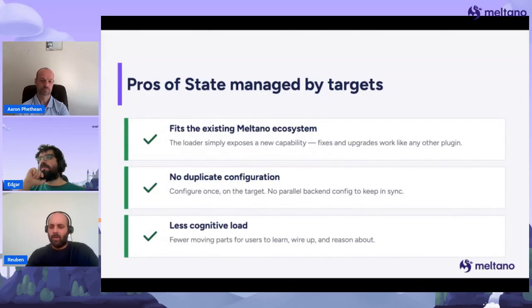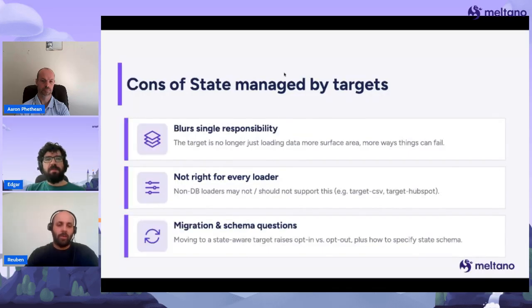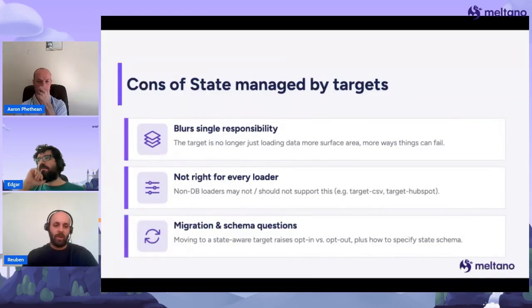Yeah, my concern is from the point of view of somebody who's already using or has their state somewhere that's not where the target is pointing. Like they've got their state in Postgres and they're primarily using target Snowflake, and there's going to be some kind of migration to move that state over.